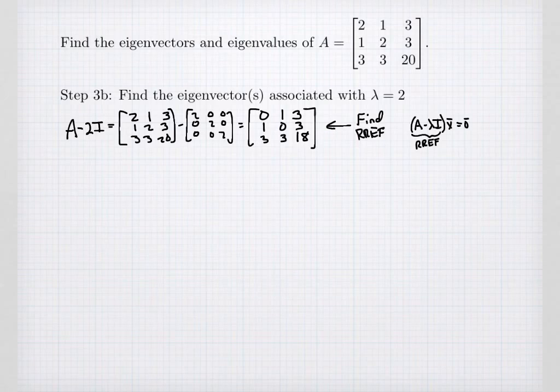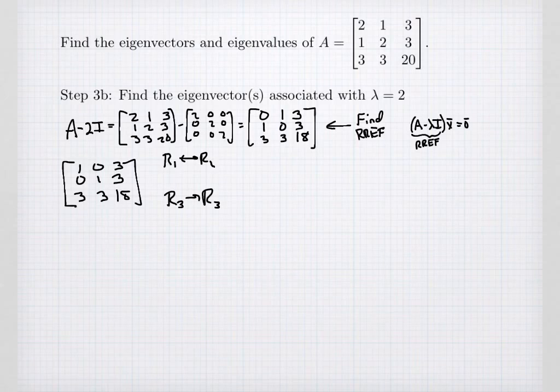So what do we need to do? We're going to start with our original matrix and swap row 1 and row 2. So I get 1, 0, 3, 0, 1, 3, 3, 3, 18. And now we're going to take row 3 and replace it by row 3 minus 3 row 1, to give me 1, 0, 3, 0, 1, 3, 0, 3, 9.